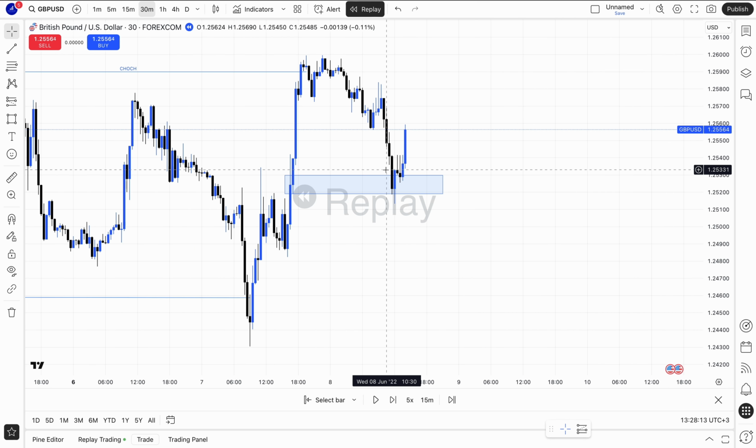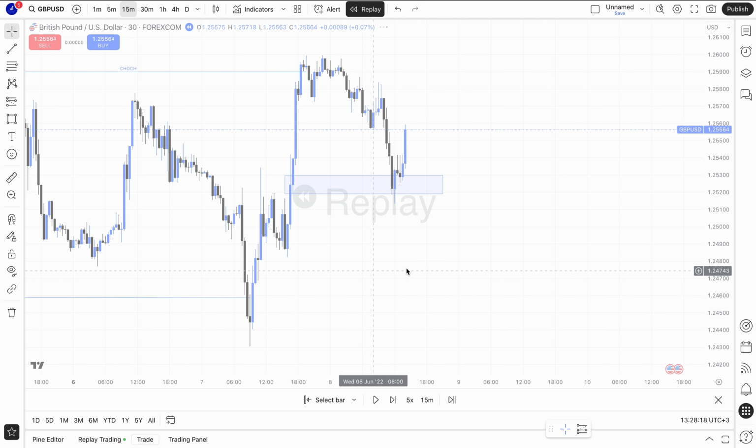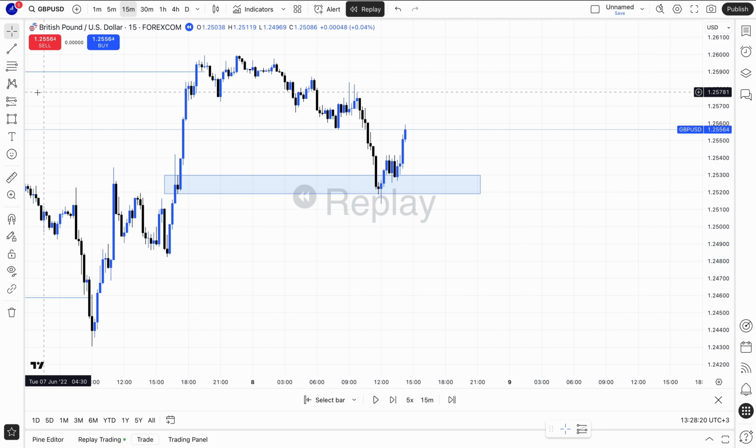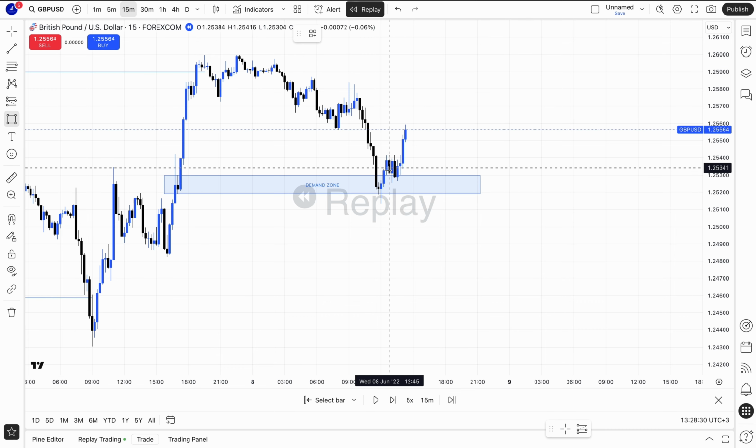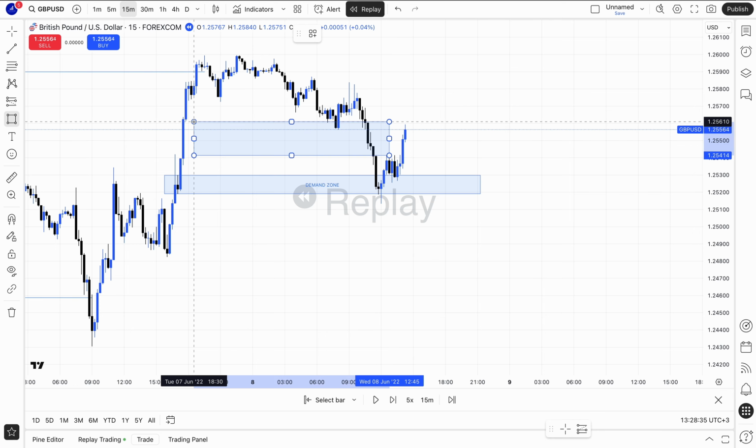Our 30 minutes candle close and our entry. The last sell to buy that led to this 15-minute entries here.